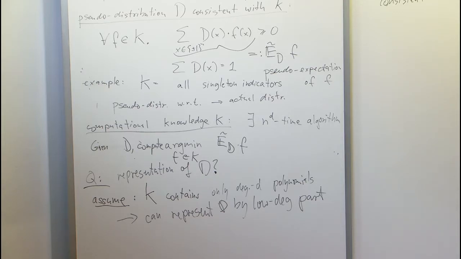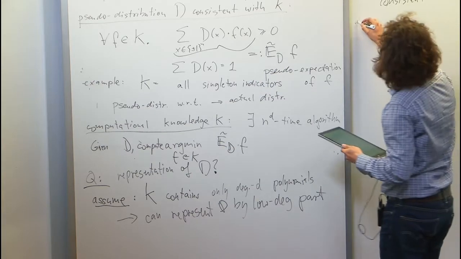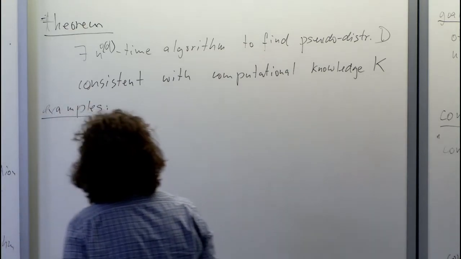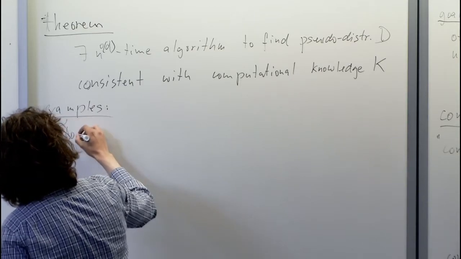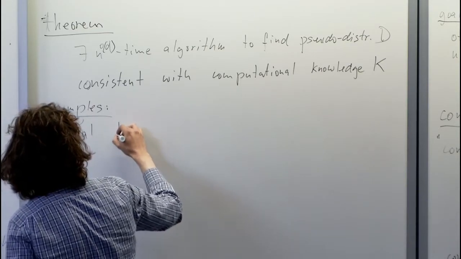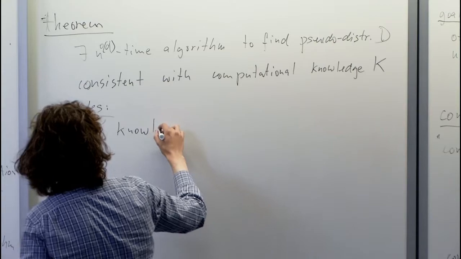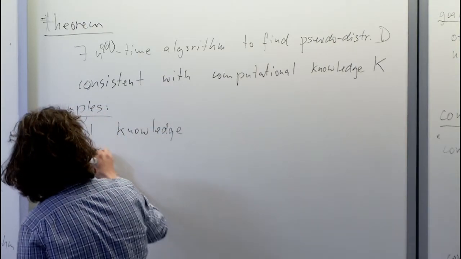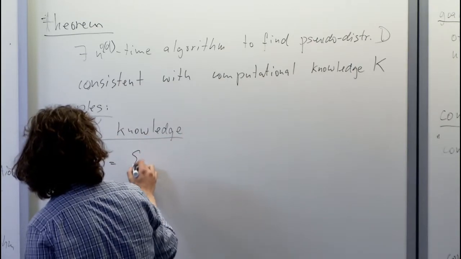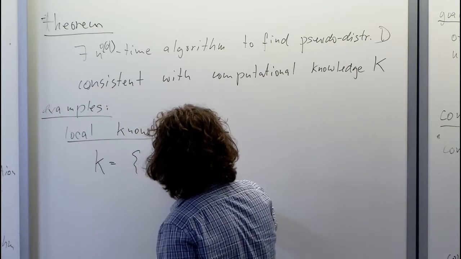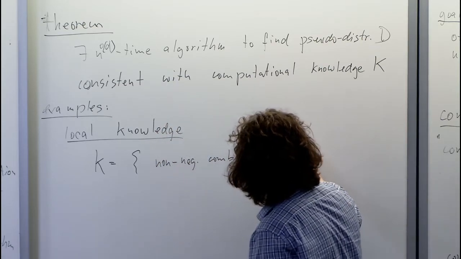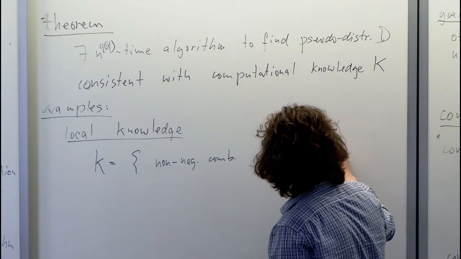Okay, so now some examples. One example is that you can use some kind of local knowledge, and this would correspond to choosing K to be all non-negative combinations of non-negative D-juntas.